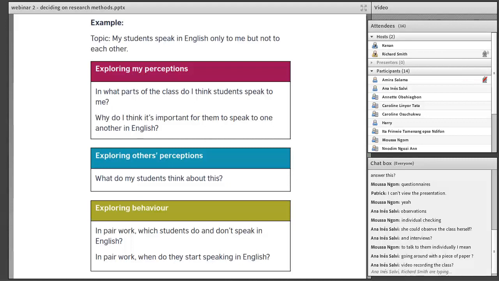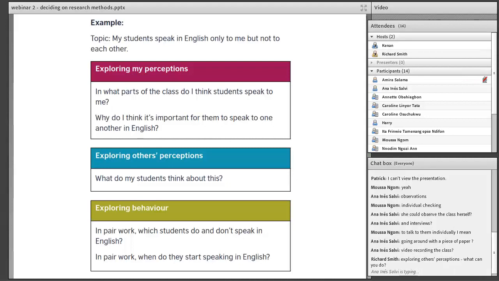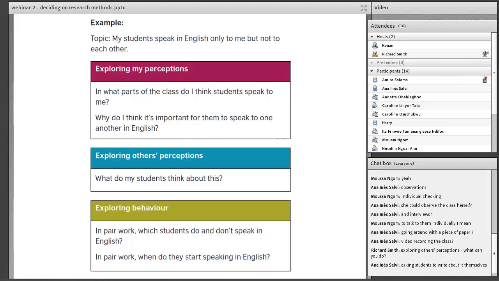Let's think about exploring others' perceptions. What can you do to find what people think about something? Actually, I'll just say that last suggestion is, I think, quite a nice suggestion.